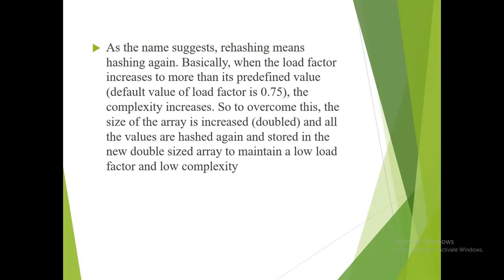So to overcome this, the size of the array is increased, doubled, and all the values are rehashed again and stored in the new doubled size array to maintain a low load factor and low complexity.